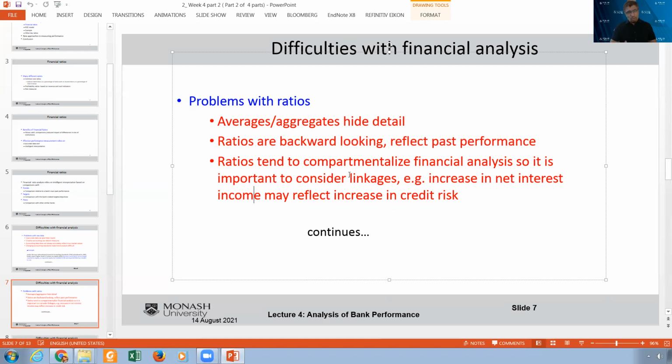So because each group of ratios looks to a certain area in our performance, we cannot actually merge everything. So this is one of the other things when we talk about the compartmentalization of the financial ratios.